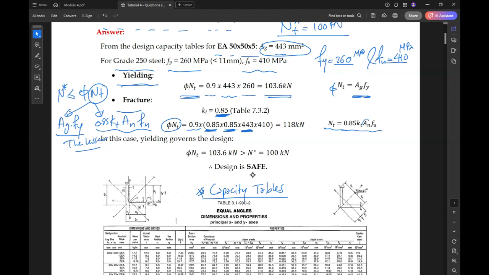How much area net in this case? Do you know how much area net, guys?